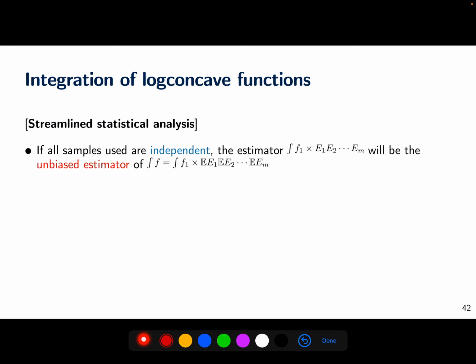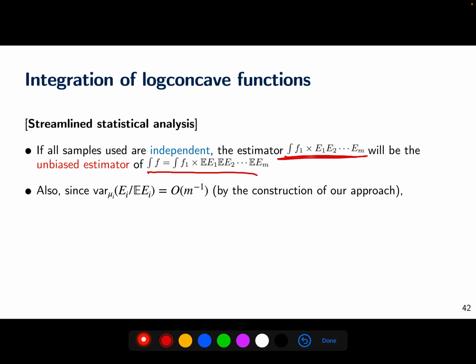But there's some catch. If all samples used in this estimation are independent, our estimator will be an unbiased estimator of our target quantity, right?